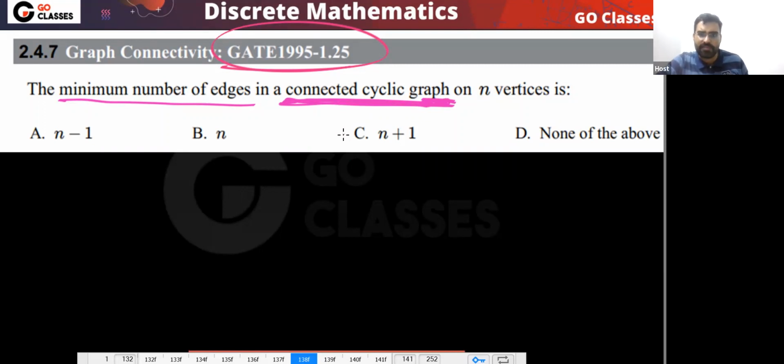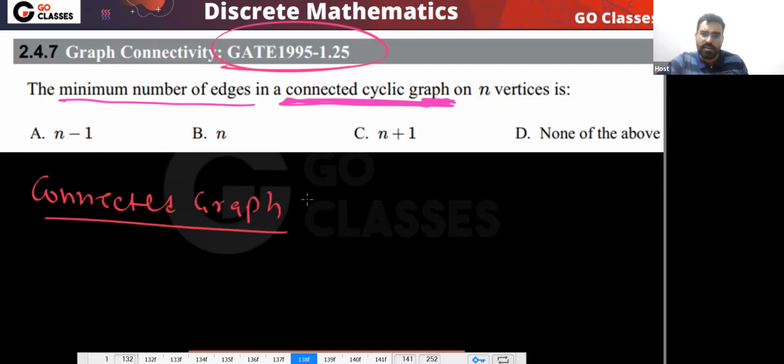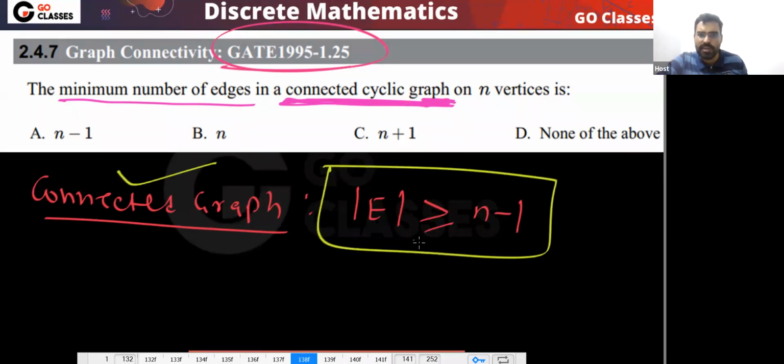You have a connected cyclic graph. So you know that if you have a connected graph, then the number of edges is always greater than or equal to n minus 1. And if you have a cyclic graph, then the number of edges will be n.